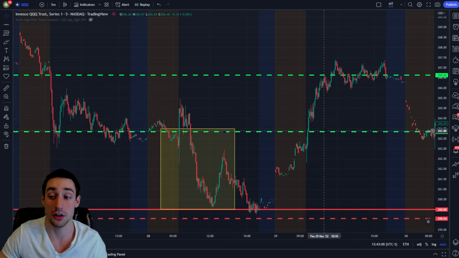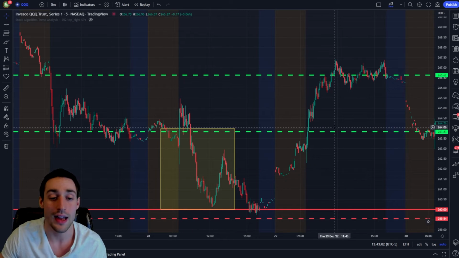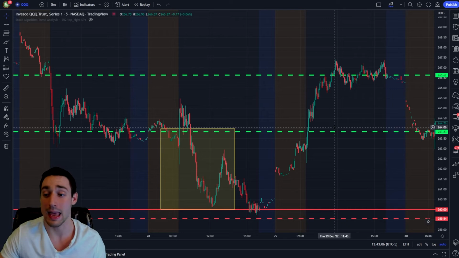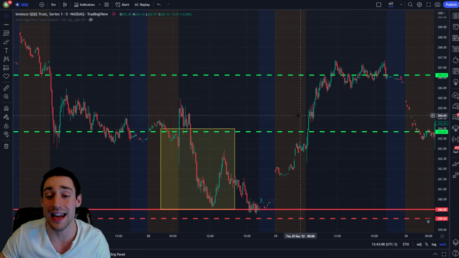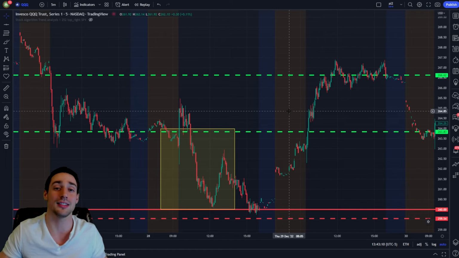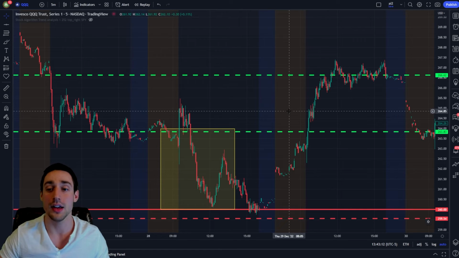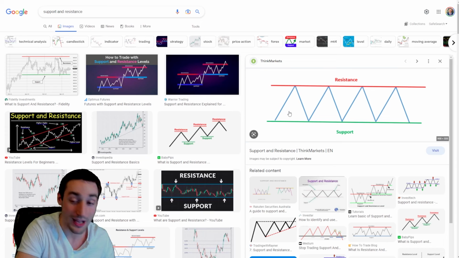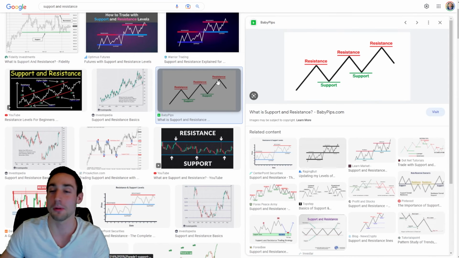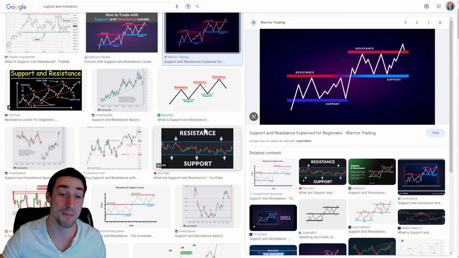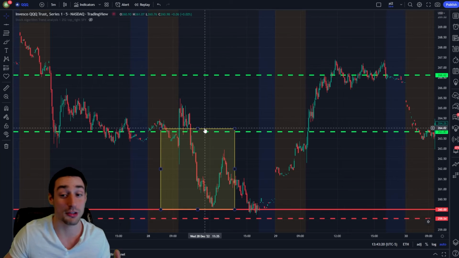If there's resistance at 264, that doesn't mean the stock has to hit 264 before it slows down. It might slow down at 263.90, because resistance and support are areas, and they don't work perfectly every time like you see on Google, where it's super predictable and it's all sunshine and rainbows. The real world's not like that, and you have to be prepared for that.